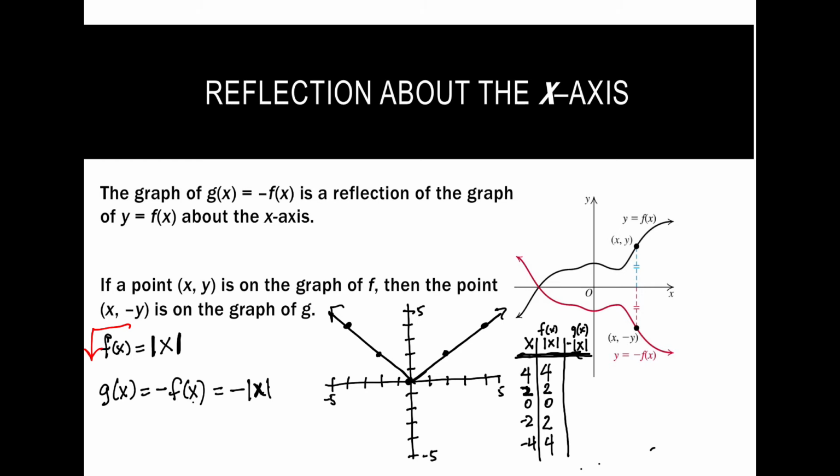All right, now graphing out my g of x, notice that really this negative here in front of the absolute value of x just is going to negate everything in the f of x column. So whatever my y values were, they just become the opposite of what they were before. So +4 becomes -4, +2 becomes -2, 0 stays 0, well, there is no positive or negative with 0, and then -2 again, -4.